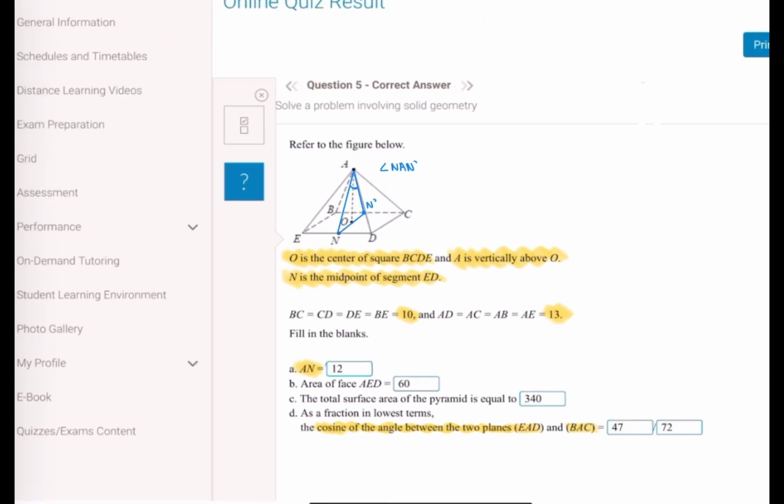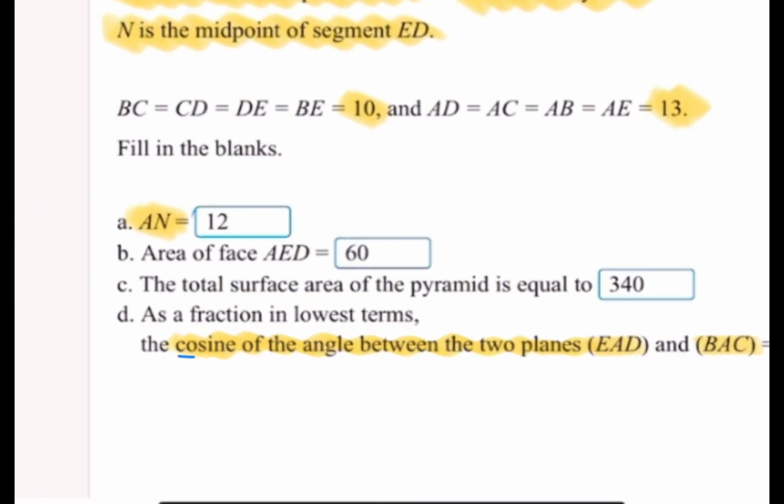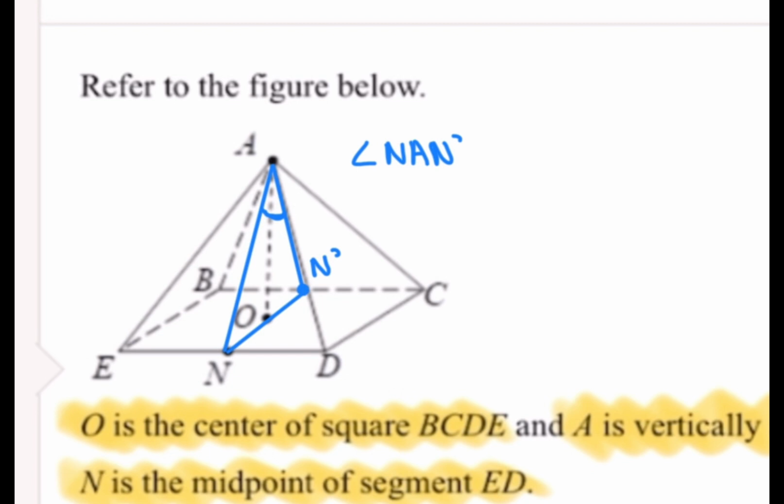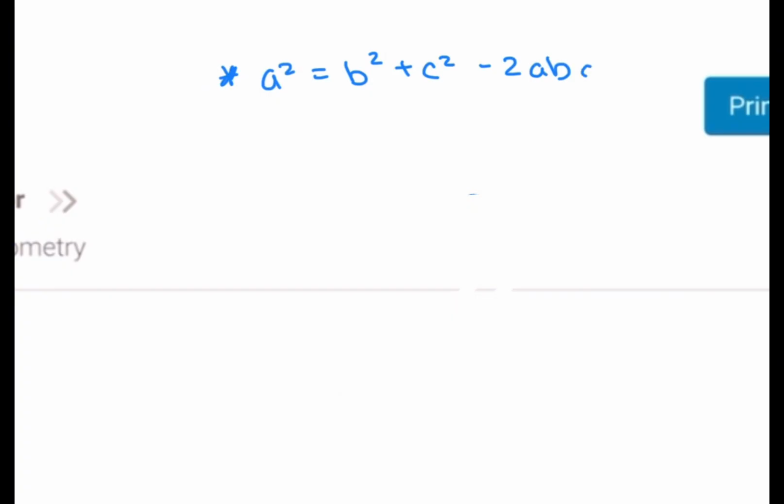All right, now that we have the angle, they're asking us to find the cosine of this angle. This triangle isn't a right triangle, so we have to apply the cosine rules, which are a squared is equal to b squared plus c squared minus 2bc cosine A. This formula solves for A, which is a side.